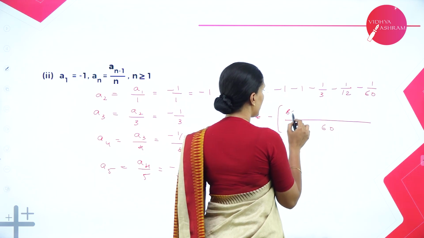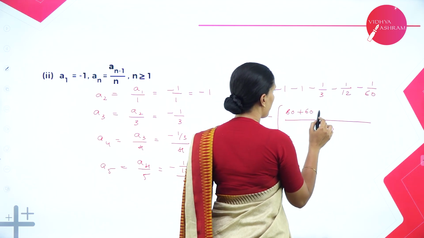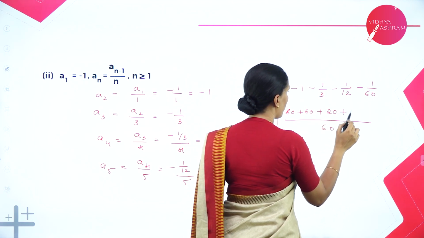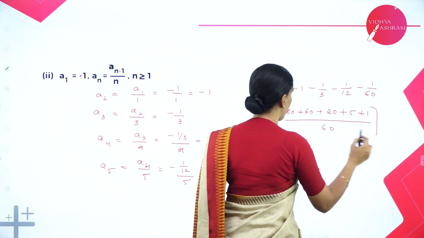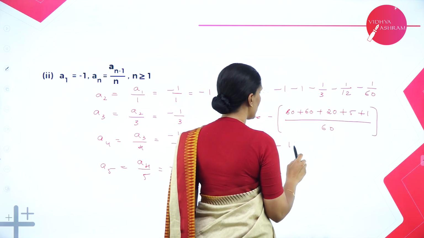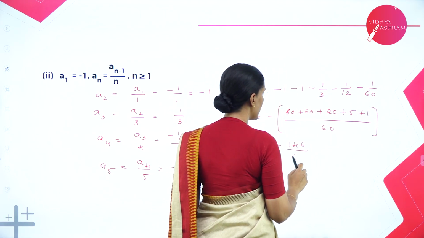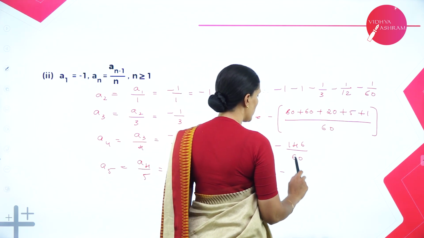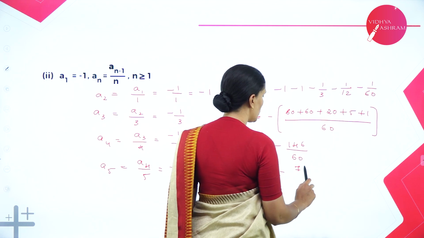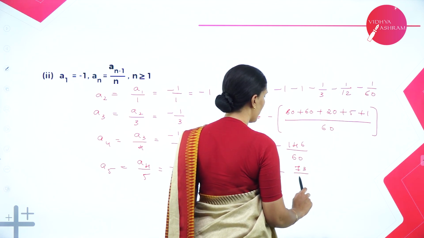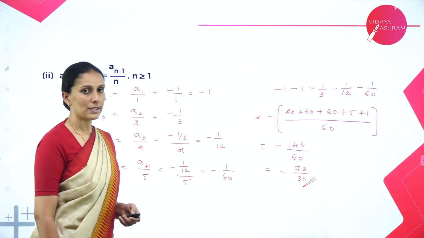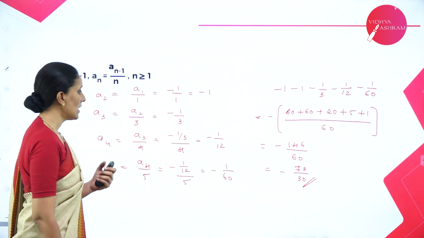So we'll get 60 plus 60 plus 20 plus 5 plus 1. So minus 146 divided by 60. This is equal to 2 7s are 14, 2 3s are 6, divided by 30. So minus 73 divided by 30 is the sum of the given series.